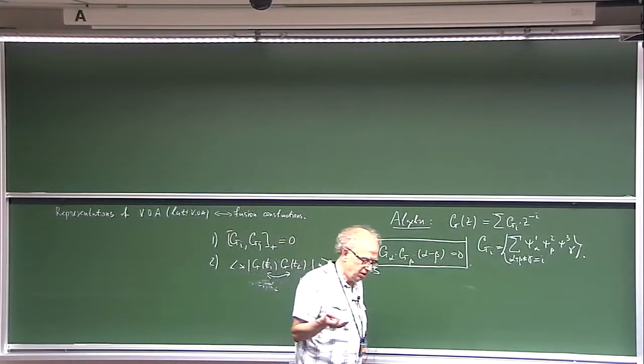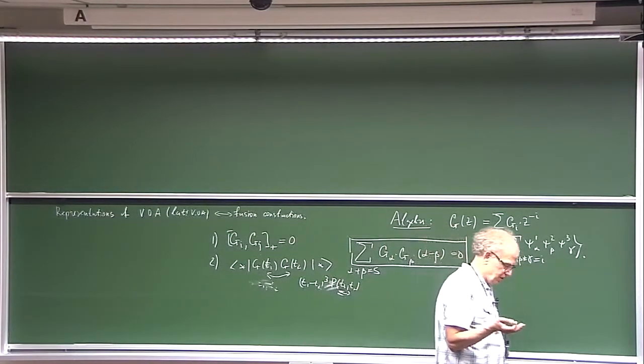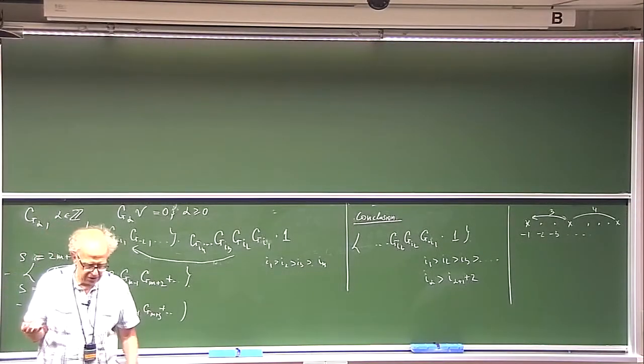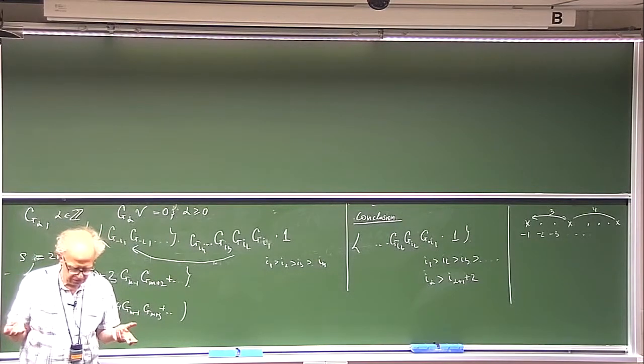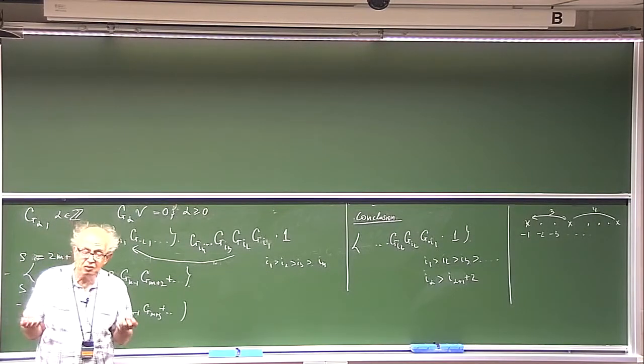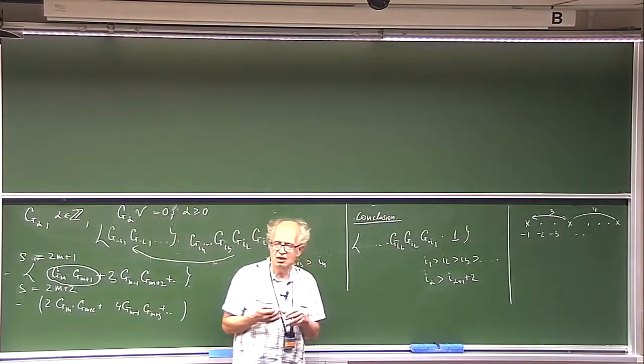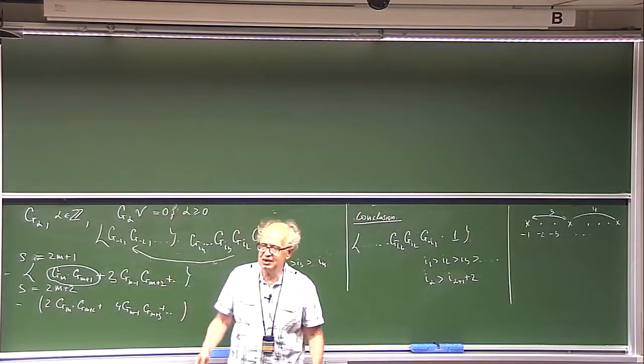And the easy part, even if I do not explain it fully, but I think more or less it is possible. It is understandable that at least such kind of monomials span the whole space.